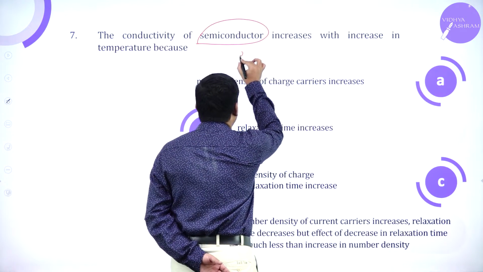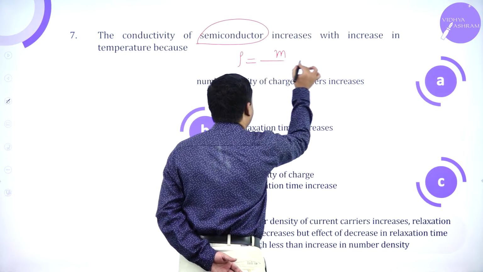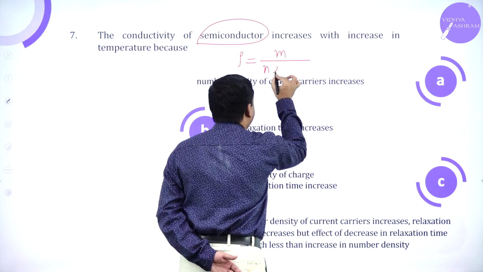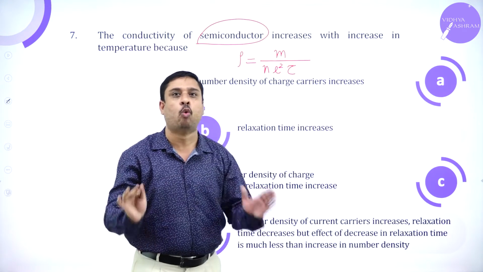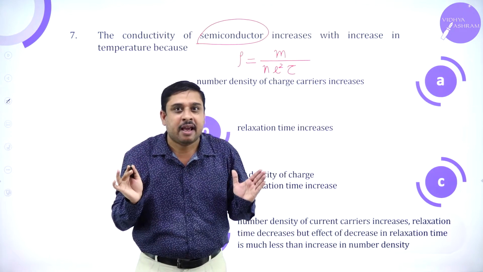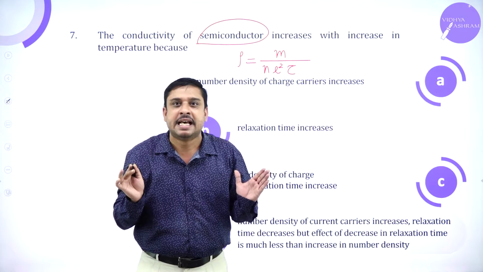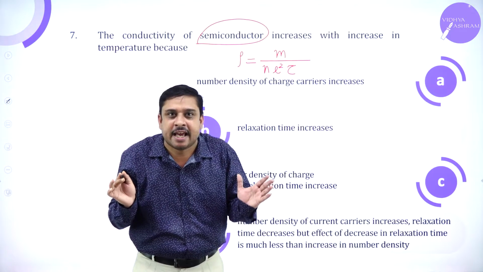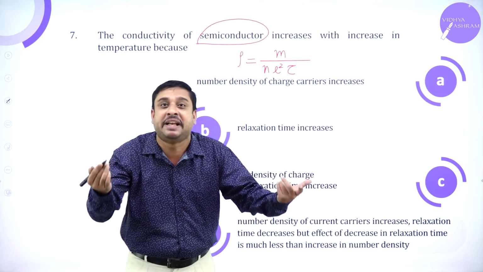Now I have an expression for resistivity, which is m divided by n e square tau. Why do I opt for resistivity? Because resistivity is the reciprocal of conductivity.